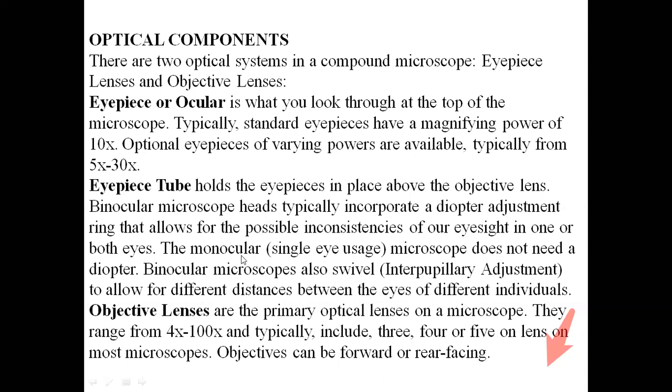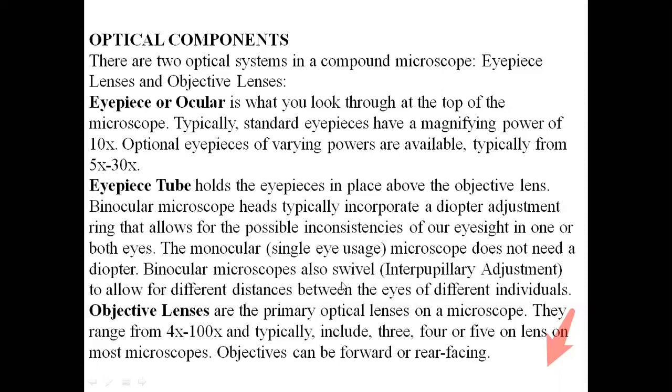That means you can see with only one eye. In our labs you might have seen microscopes with two ocular lenses, so you can see with both eyes. That is not monocular but binocular. Mono means one, bi means two, so obviously you can understand the meaning of this.